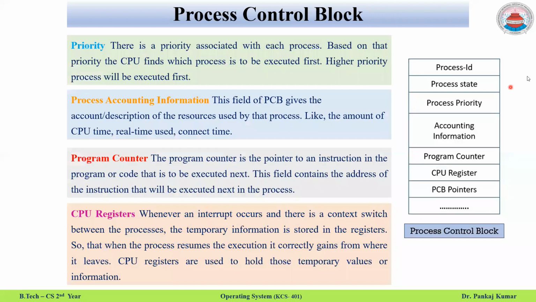Now come to priority. Definitely it is a very important part, because each process has its own way. There are two types of jobs: IO bound jobs and CPU bound jobs, that is, CPU related processes and IO related processes.